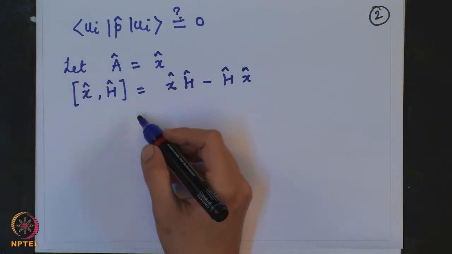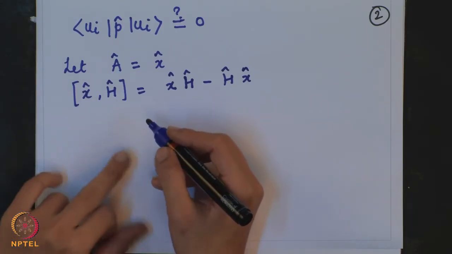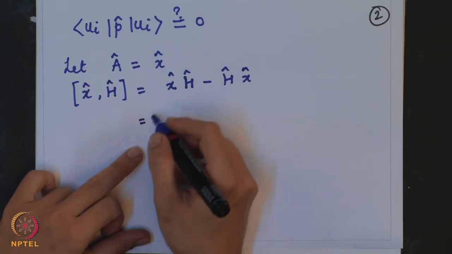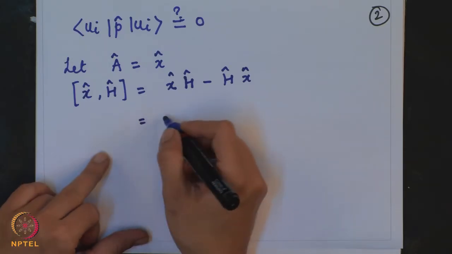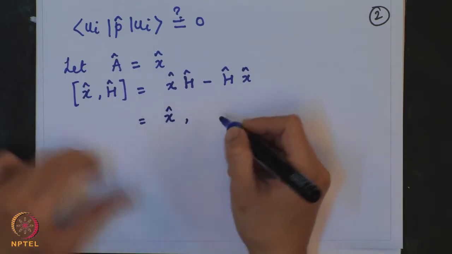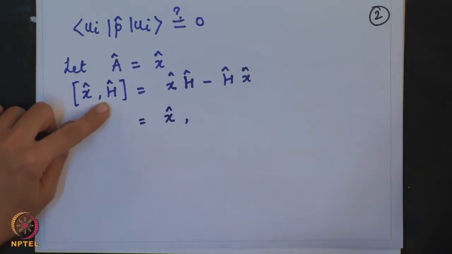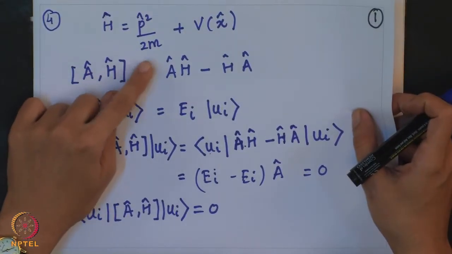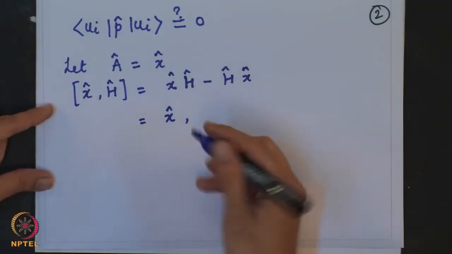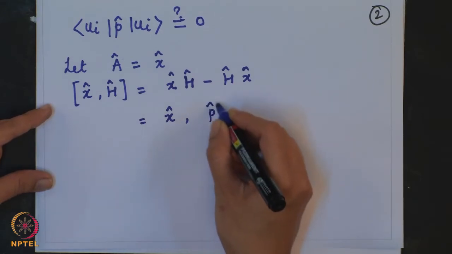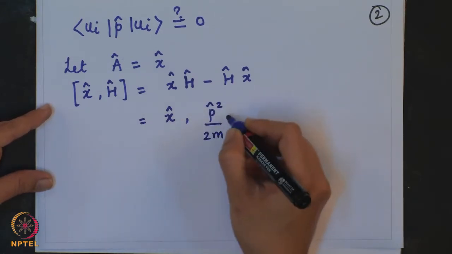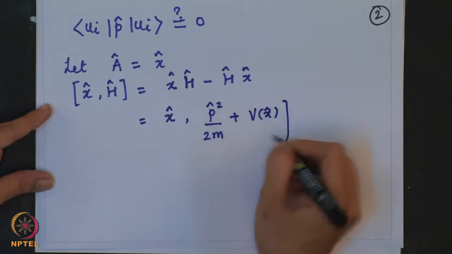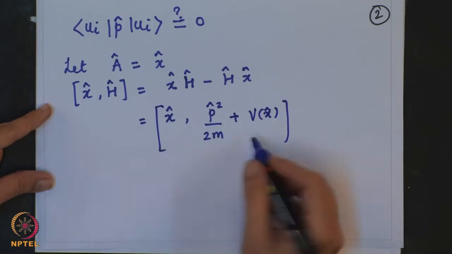Now, what we will do is we will try to get this operator in terms of, so let me write it here, the operator H we saw here was p square upon 2m plus V(x). So, p square upon 2m plus V of x. This is what it means.